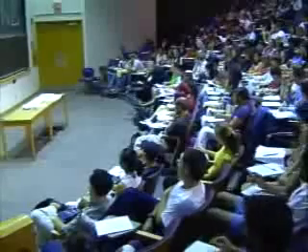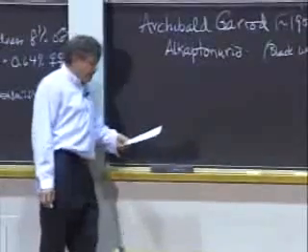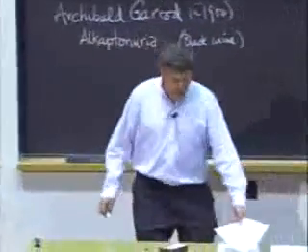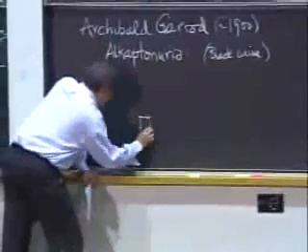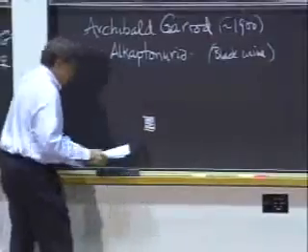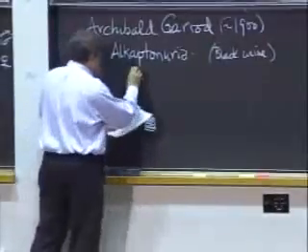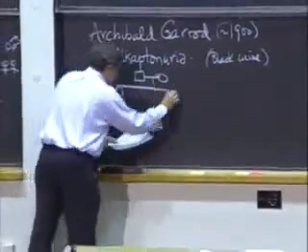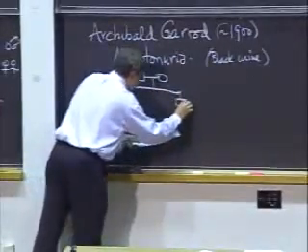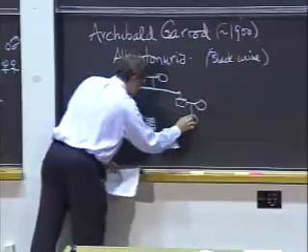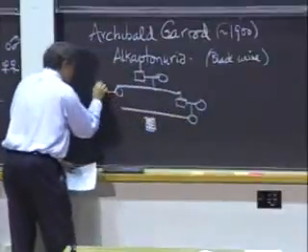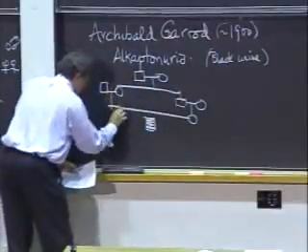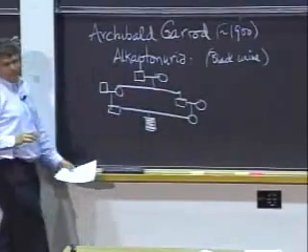So he observed this, and you know what Garrod noticed when he studied children with alkoptonuria? He found that a very large fraction of affected offspring were in fact produced from matings of first cousins.